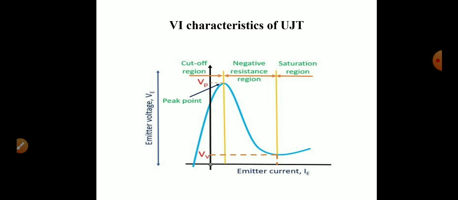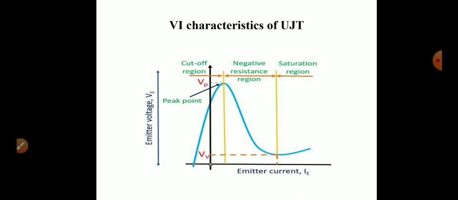And when the UJT reaches the peak point value VP, as we increase the emitter voltage, the emitter current increases. Then the emitter voltage starts decreasing and the current increases. The emitter voltage decreasing means the resistance in that portion decreases. In the UJT operation, the resistance across the N channel decreases because of the increase in conductivity.